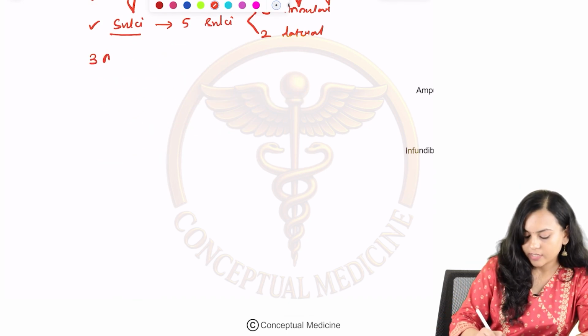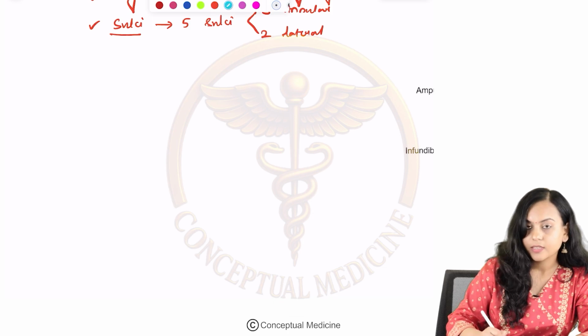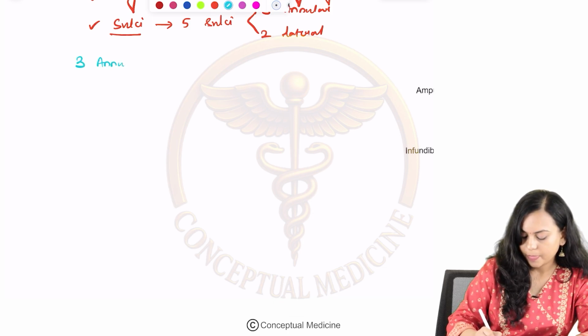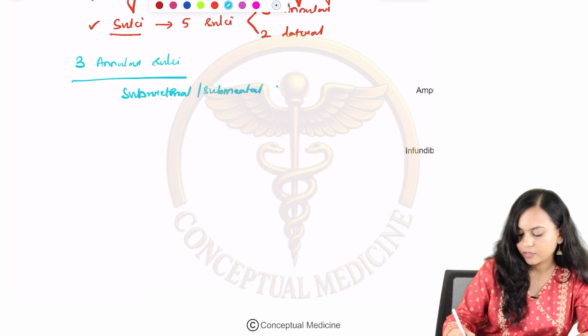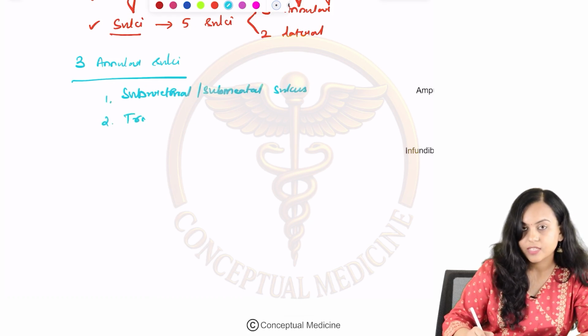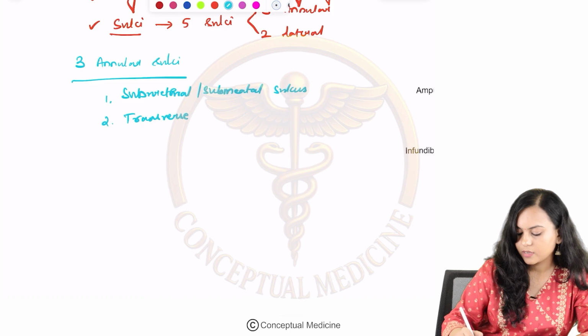The 3 annular sulci are the suburethral or submeatal sulcus, transverse sulcus and the bladder sulcus.